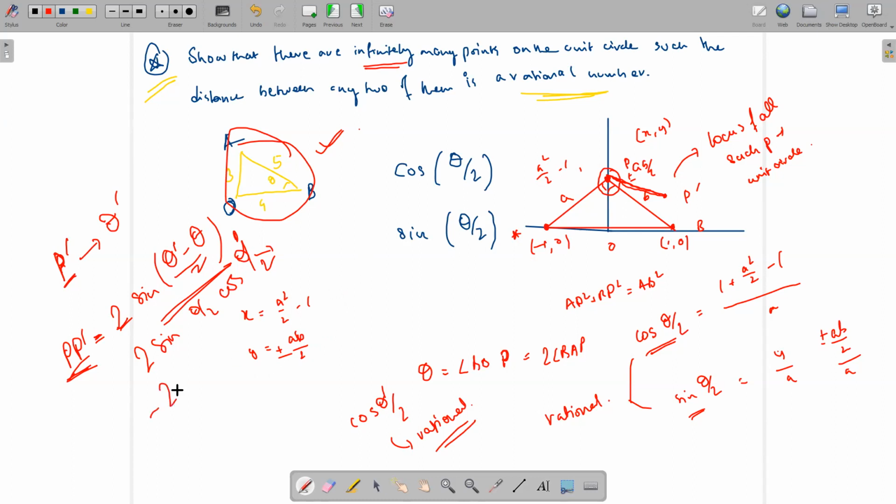No, just a sec. I think I messed up the calculation here. This should be cos theta by 2 sine theta dash by 2, right? So let me clearly write this down.